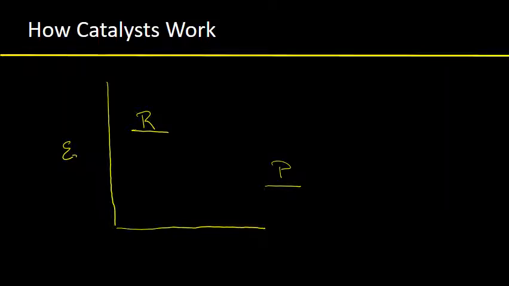And we said that there is some kind of an energy barrier going up to this high energy transition state, and that energy barrier is called the activation energy. And the rate constant is related to that activation energy barrier. The lower the activation energy barrier, the higher the rate constant. The higher the barrier, the lower the rate constant, and of course the slower the reaction.